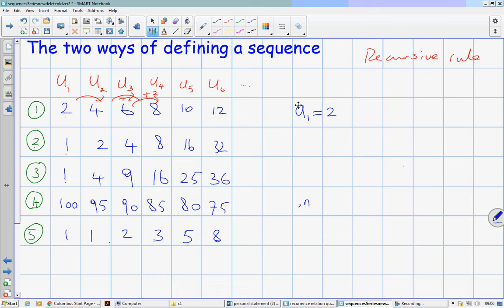So in other words, U2 is equal to 2 plus U1. U3 is equal to 2 plus U2, and so on. But we want to write that in a general way. Any ideas how we could write that in some kind of general way? So that's basically saying the next term is 2 from the one before.